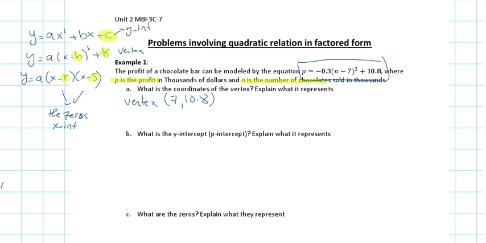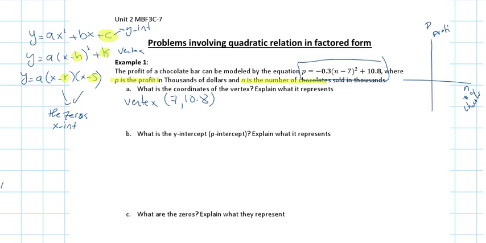Okay? If I want to look at this, what letter is representing the x-axis? N. So that's the number of chocolates, right? And what letter is representing the y-axis? P, which is the profit, right?